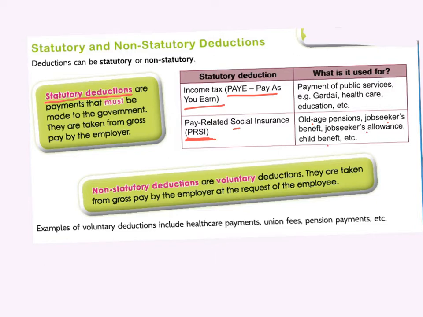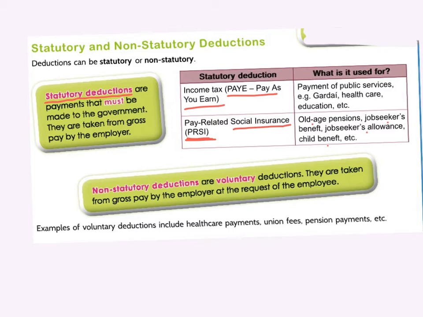We call it a social insurance because we believe that at some point in your life, you are going to be old and need to claim a pension. You may be unemployed and need to get job seekers allowance. You may have children and you might get child benefit for each of those. You may be pregnant, in which case you go on maternity leave. If you're male, you go on paternity leave.